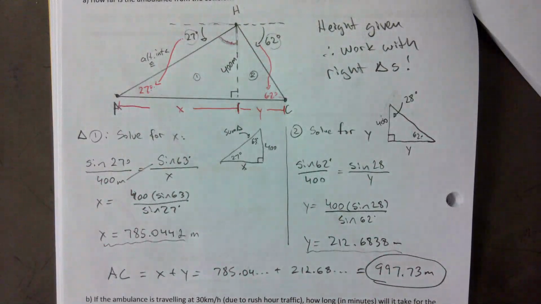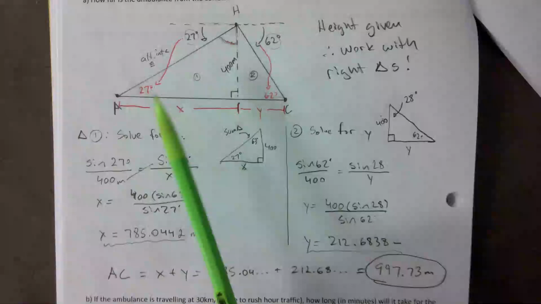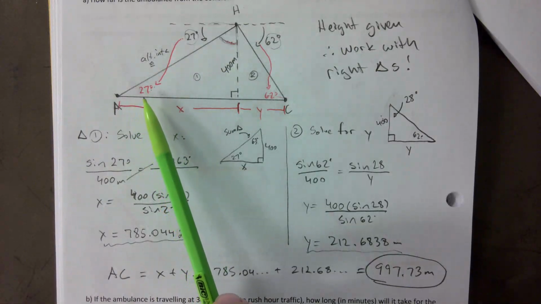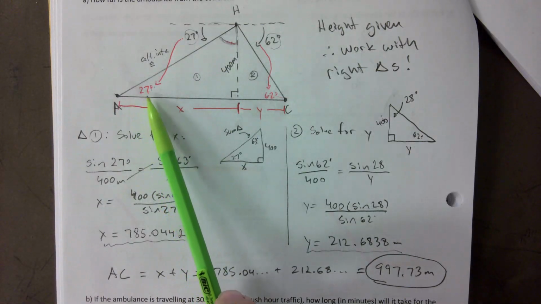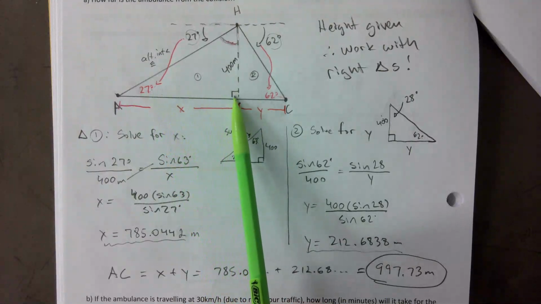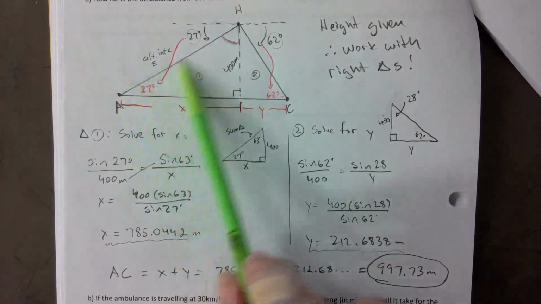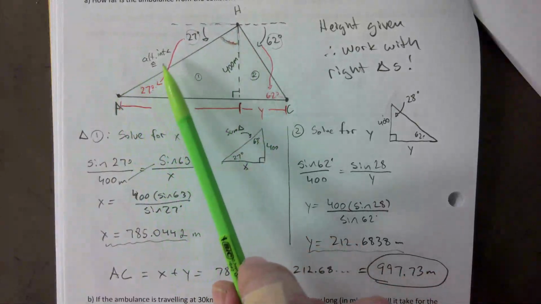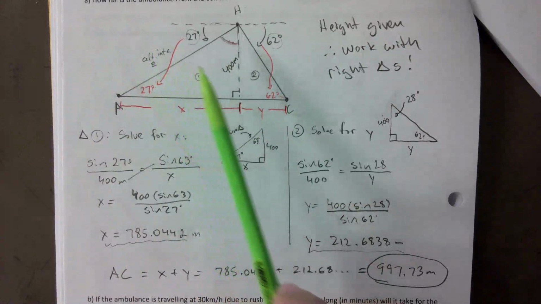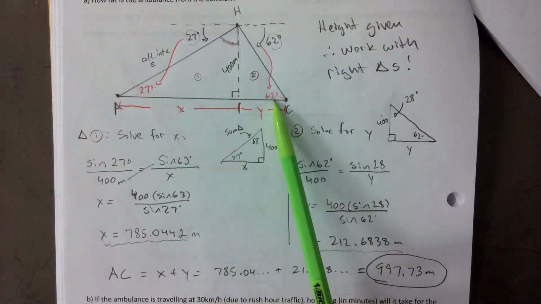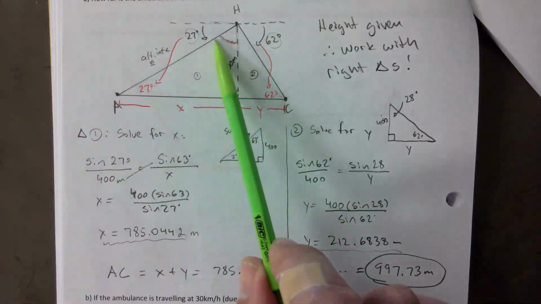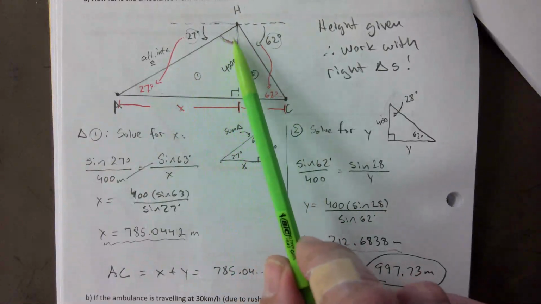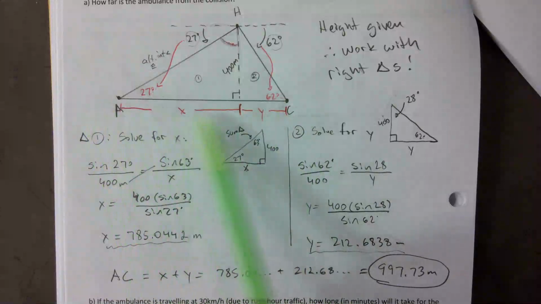How else could you have done this? I'm just thinking here. You could have probably used this pair here, sine, and then use the 90 to get to the hypotenuse, this one here, the slant, the diagonal. And then you can pair this side up with 62, all across, and then get this big angle up here to find the total distance across here.